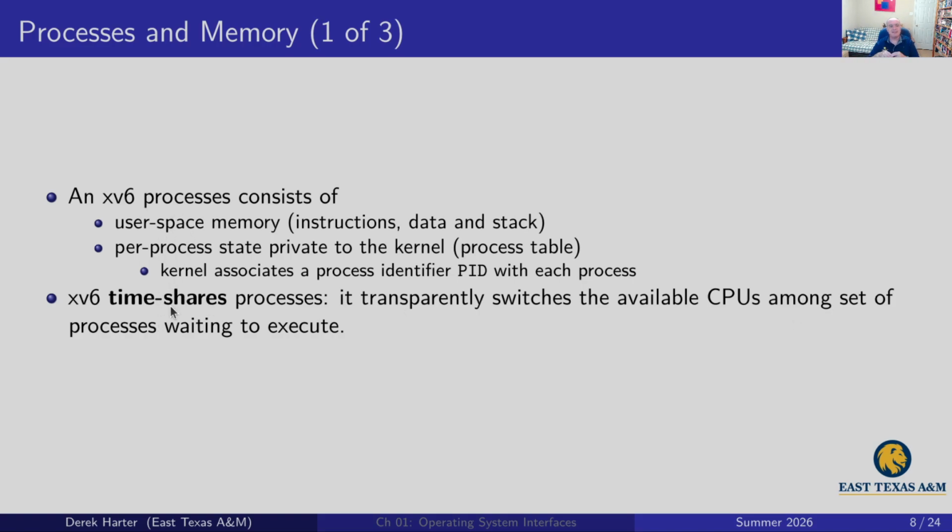We'll probably talk more about that in this class. So there isn't threading within a process, but you do get parallelism by having multiple processes that are either time sharing or truly running in parallel if you have more than one CPU available on the hardware.